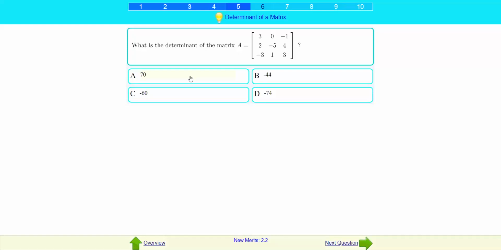So we have the 3, we ignore its column and row, so we have minus 15. So we have 3 multiplied by minus 15 minus 4. And then we would do a negative sign, remember. There is a 0, then it's a 0 by default.